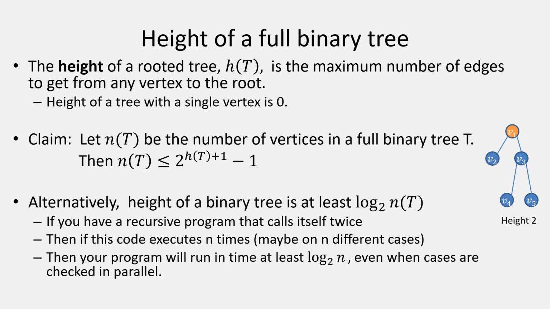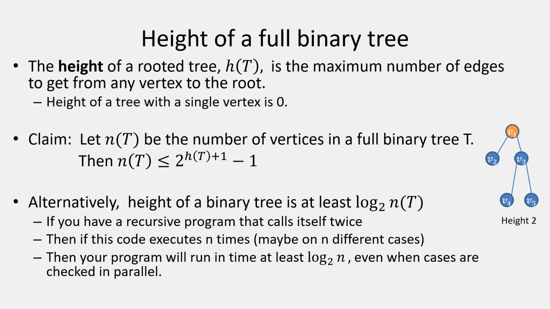Where it comes in handy is when you start talking about parallel programming, when you have a program that calls itself twice in parallel and its copies call themselves twice in parallel and so on and so forth. And there is some piece of code that's doing this calling of the program, and say this piece of code overall executes n times.